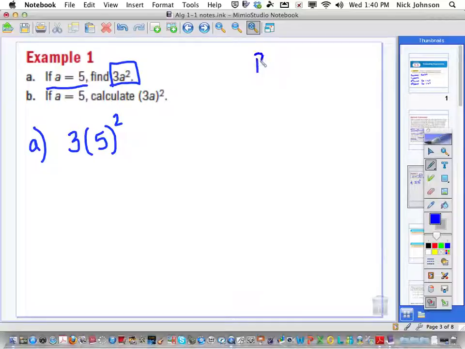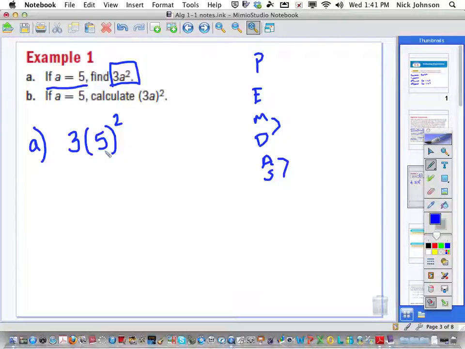Now remember my order of operations. Do I have parentheses? I do have parentheses, but there's nothing to do in those parentheses. There's just the number 5. I can't add, I can't subtract, I can't multiply, I can't divide. So I've got to go to the next thing, which is exponents.